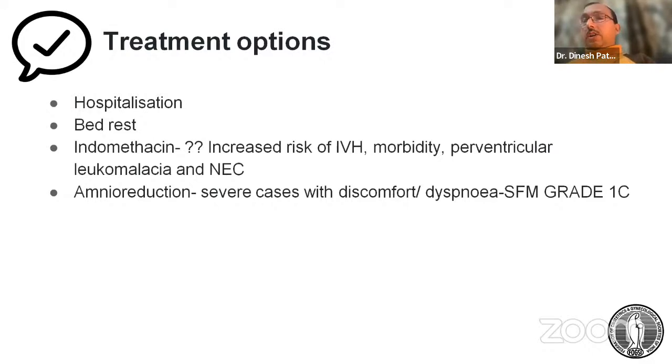And as already discussed, if less than 32 weeks, we can give indomethacin for 48 hours, not more than 48 hours, because of the increased risk of intraventricular hemorrhage, morbidity, periventricular leukomalacia, and necrotizing enterocolitis. And if required, if there is any respiratory distress of the mother or maternal discomfort, then we can go for amnioreduction, slowly, up to 1 liter over 1 to 2 hours.